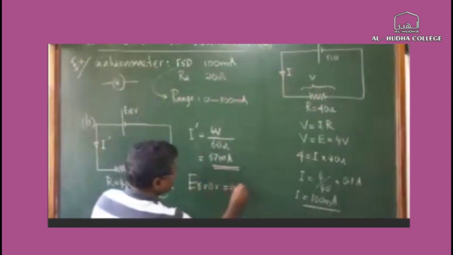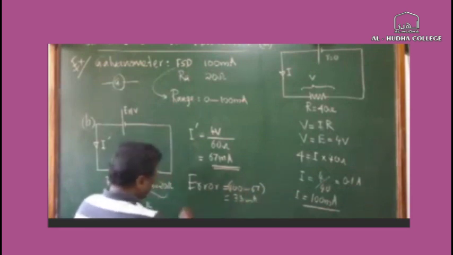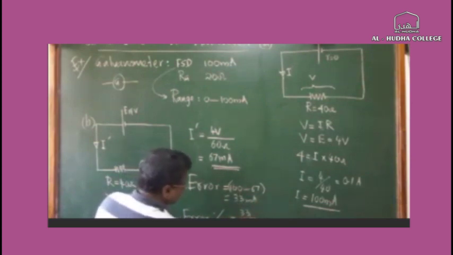100 milliamps minus 67 milliamps, that is 33 milliamps. That is the error. Now the error percentage: for a 100 milliamps measurement, the error is 33, so 33 divided by 100.